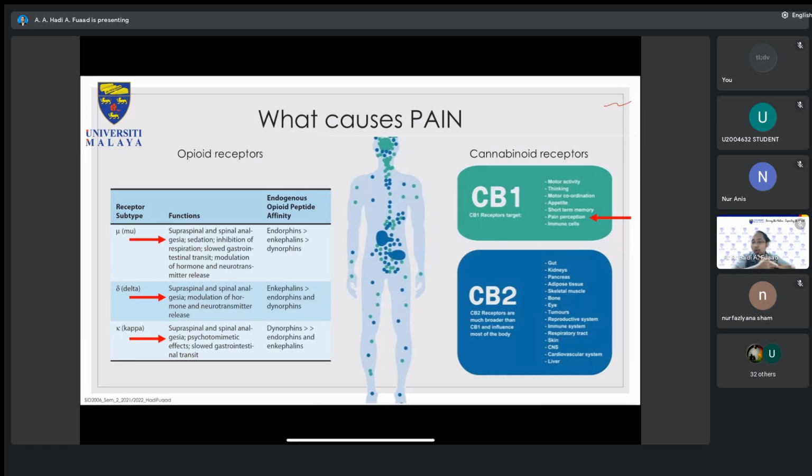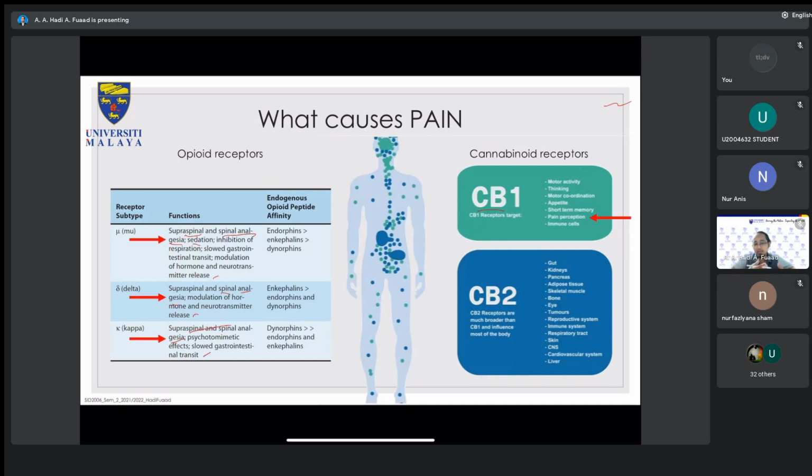So if you are planning to target certain things, you can see here that each receptor has its own specific function. There are some general ones that cover two or even all three types of receptors. For example, you can see sedation and analgesia, spinal analgesia, are there on mu, delta, and kappa.